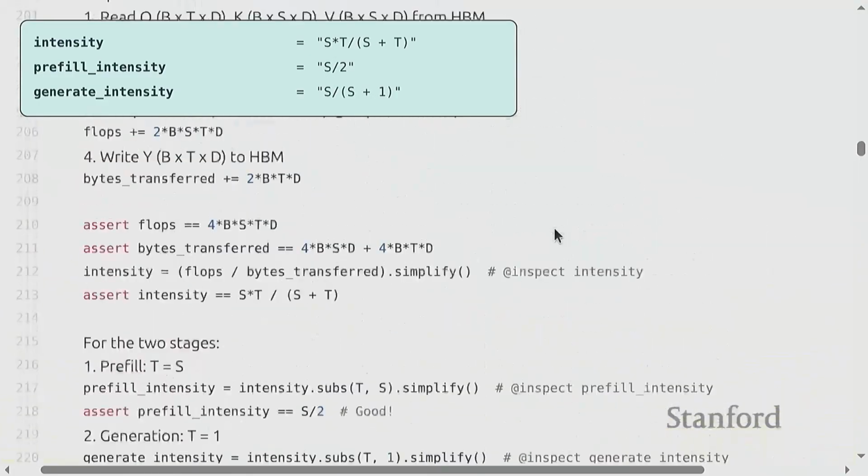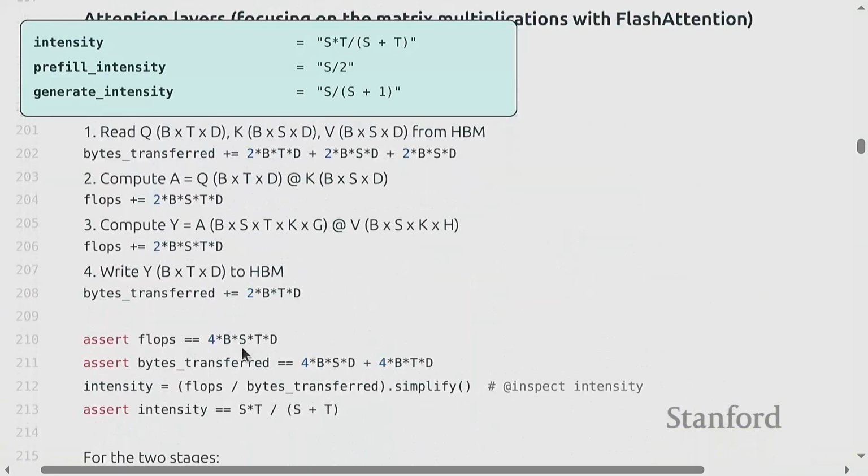Mathematically, you can look at it here, where the number of flops has a B, which is expected, but the number of bytes transferred is also B times that. There's a scaling in B, so when you divide, that B cancels.